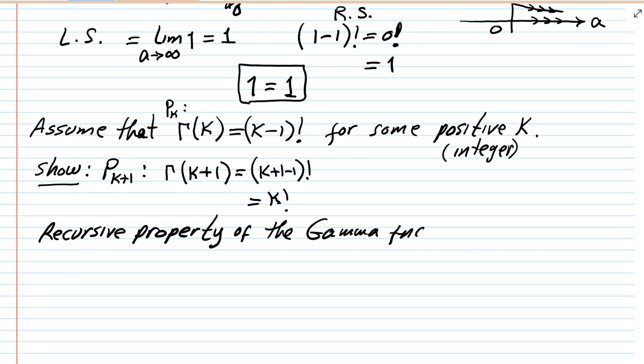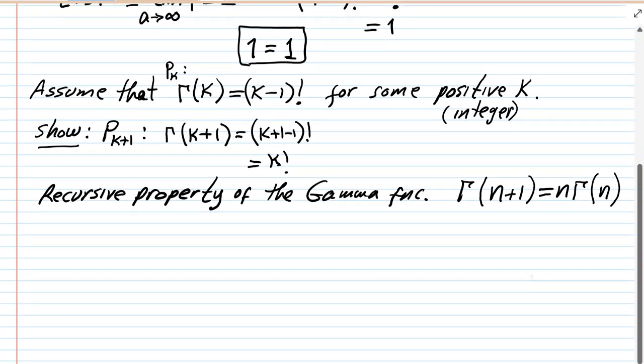Now, what is this recursive property? It says, for example, that gamma of n plus 1 is equal to n times gamma of n. That's what the recursive property is.